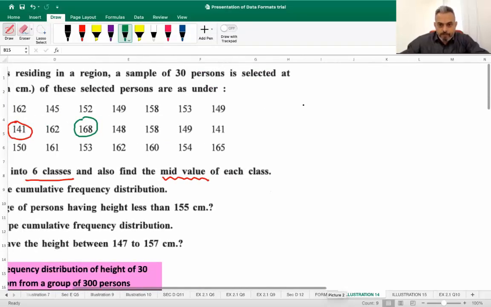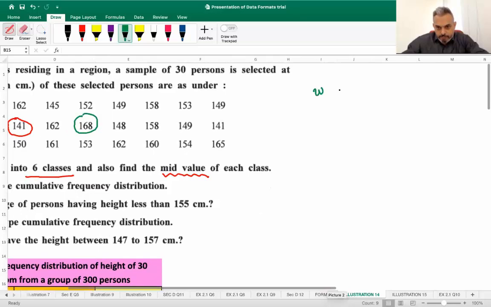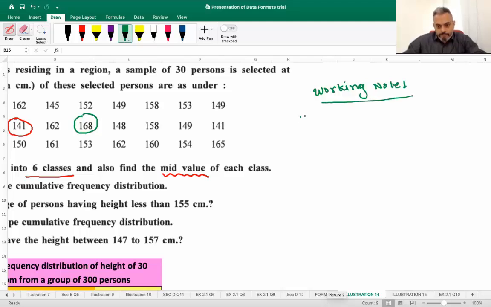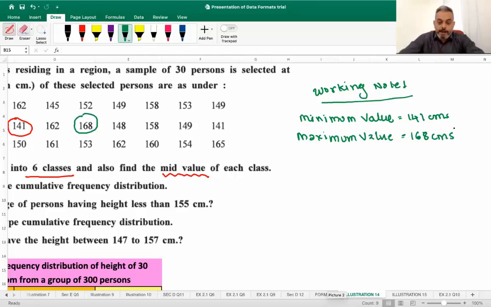Now, working note. One, minimum observation is equal to 141 centimeters. Maximum value is equal to 168 centimeters.